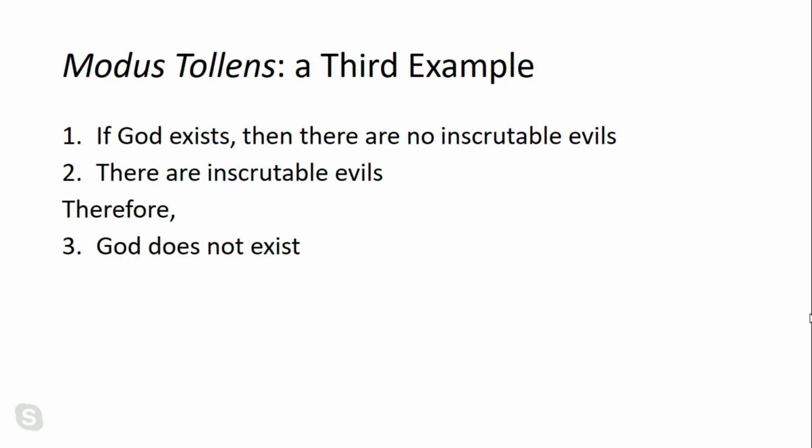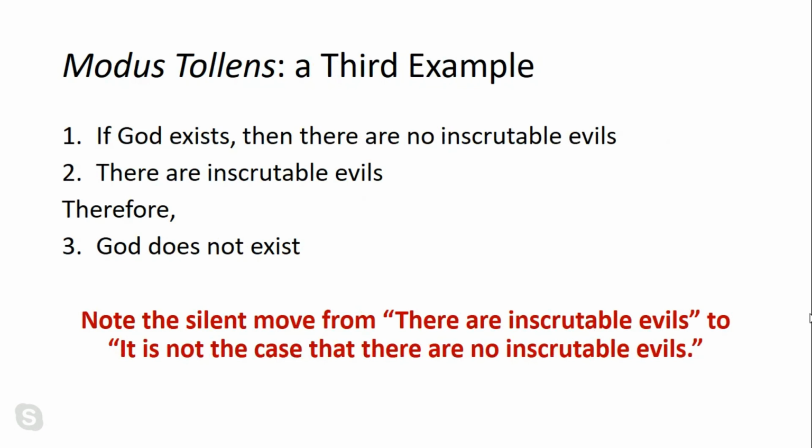No, that's the point at which you get on to the next part of the work. So again, note the silent move from "there are inscrutable evils" to "it's not the case that there are no inscrutable evils." We need that, and then we get the conclusion by Modus Tollens. So there's that little silent use of a double negation in there.